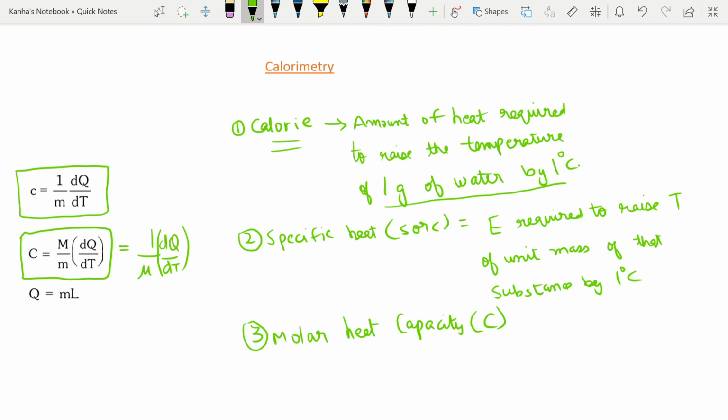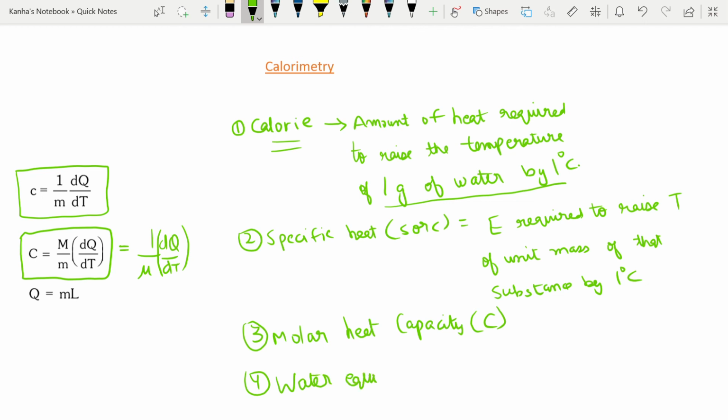Then you have things such as the thermal capacity, which is the mass into specific heat. You have a quantity known as the water equivalent of a body. I'll write this because sometimes in the questions they ask you about the water equivalent.